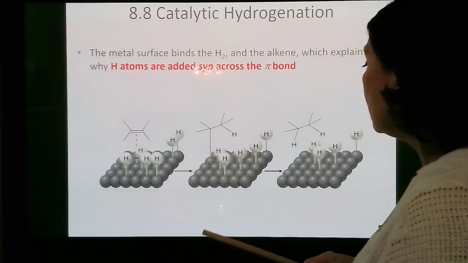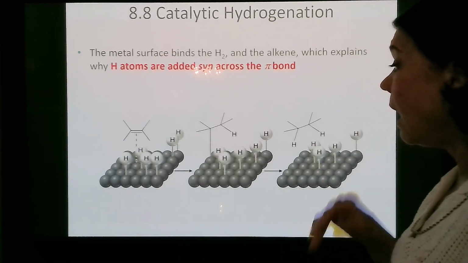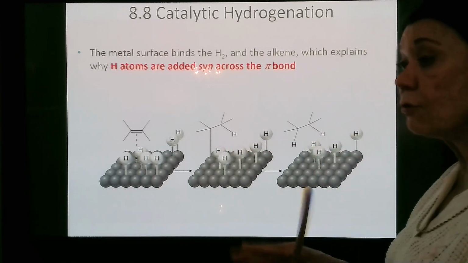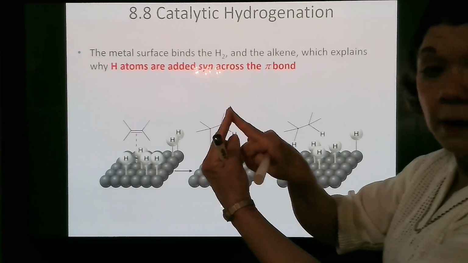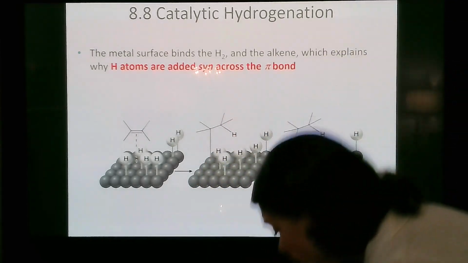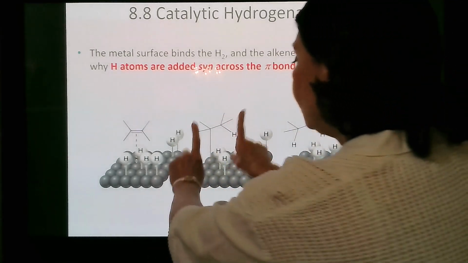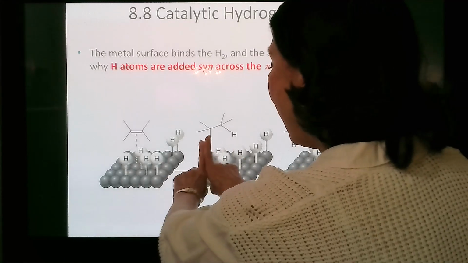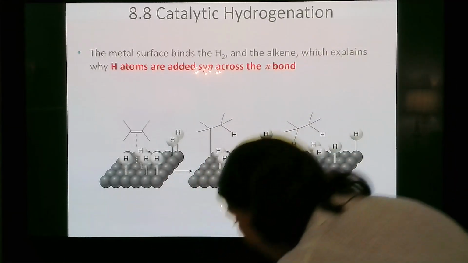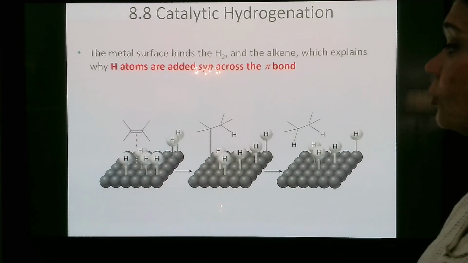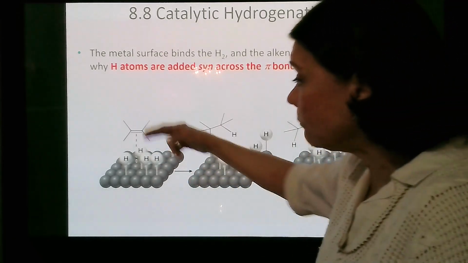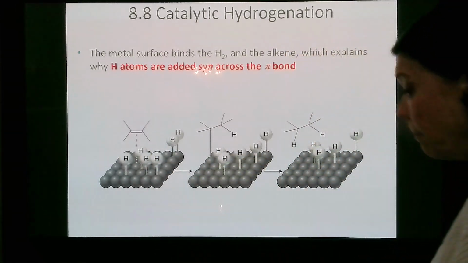Since they're right next to each other, they're going to react. And so when they react, the H2 is going to add from the same side of the molecule.